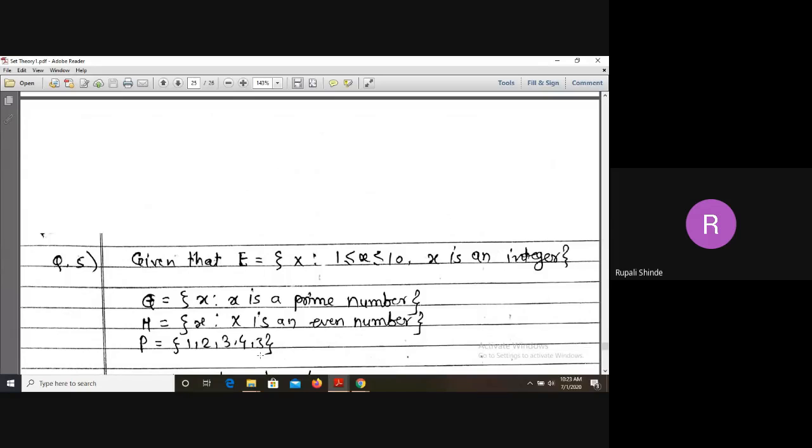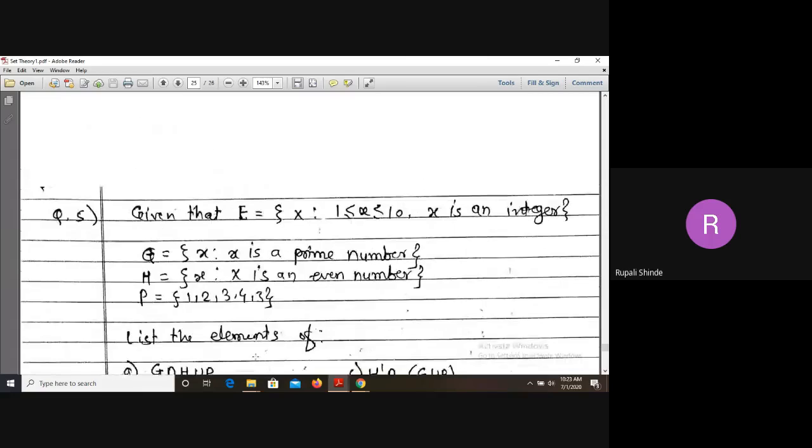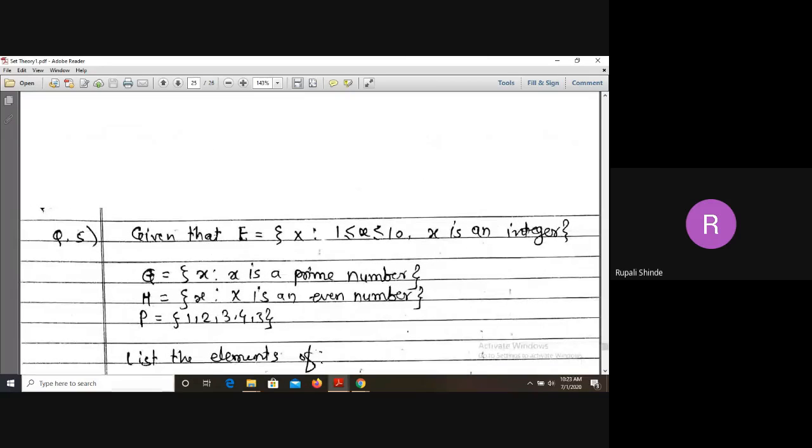Now here we have to solve some examples based on this set theory. Here one set is given and that set contains elements from 1 to 10. That is, it is a set of integers.